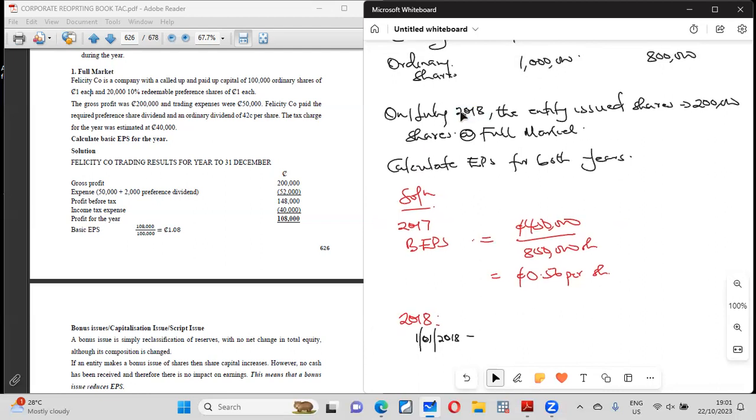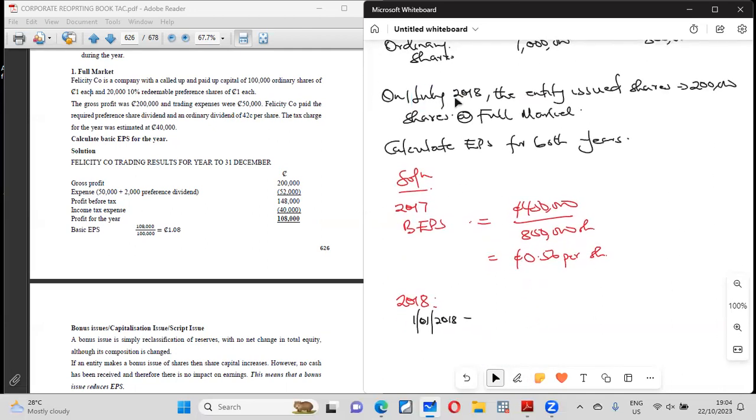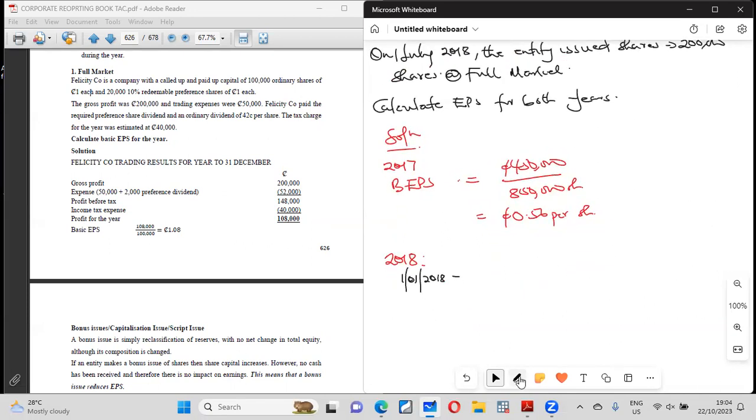They made the issue in July 2018. So just the time before. If the issue was made in July, the time before will be 30th June 2018.